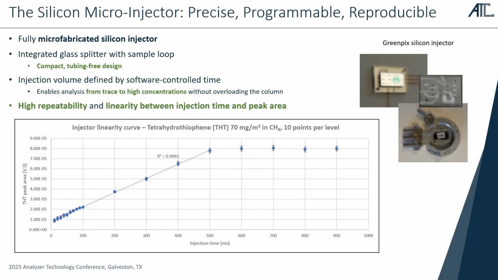And you can see that it's linear down to a certain level, which is the response time of the instrument, and up to the full loop injection. It's a very versatile way to inject in GC, and it's very useful in many cases.